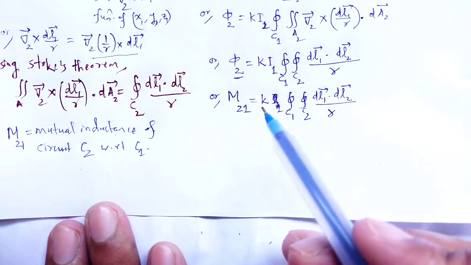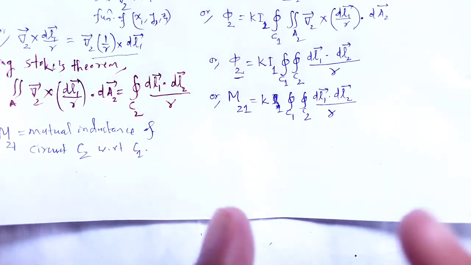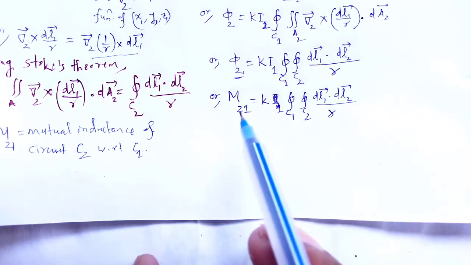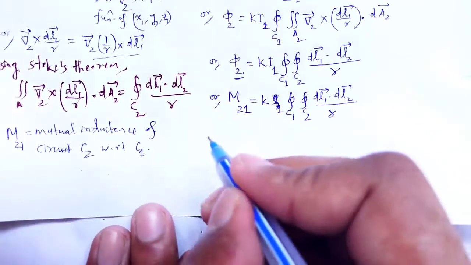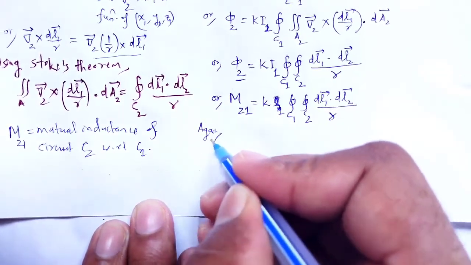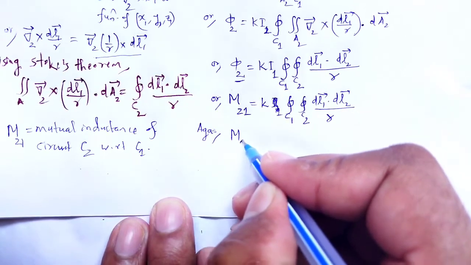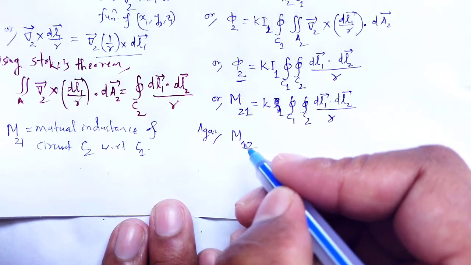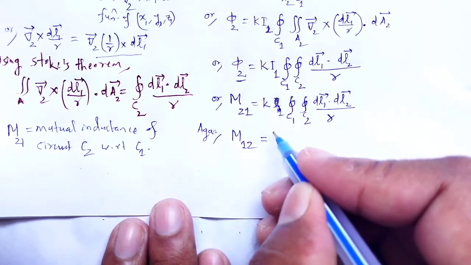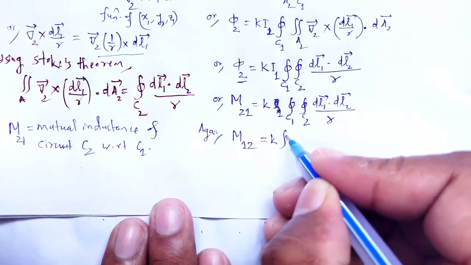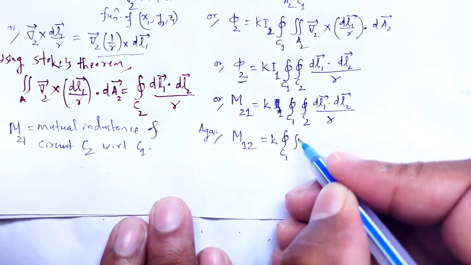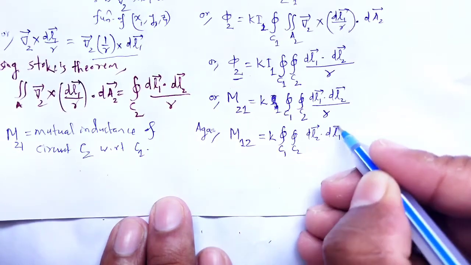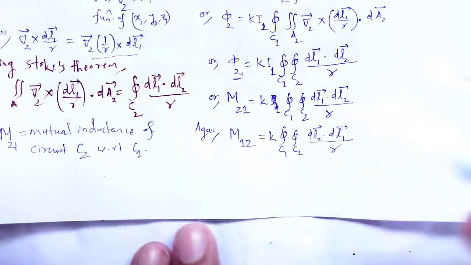Here the mutual inductance depends on the sizes, shapes and the relative positions and orientation of these two coils. Again, if we interchange the positions, M12, the mutual inductance of 1 with respect to 2, is written as k closed curve integration over C1, closed curve integration over C2, dL2 dot dL1 divided by R. These two are equal.